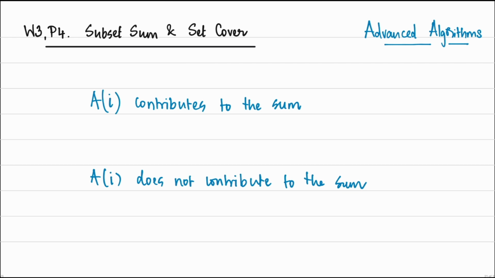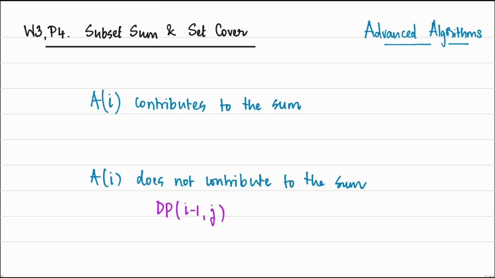What if a of i does not contribute to the sum? Well, that just means that we have to go and shop for a solution from the first i minus 1 elements, because in this situation, a of i is not going to help out. So we are just going to ping the dp table at i minus 1 with the same target j, because the ith element has done nothing to help us out here.